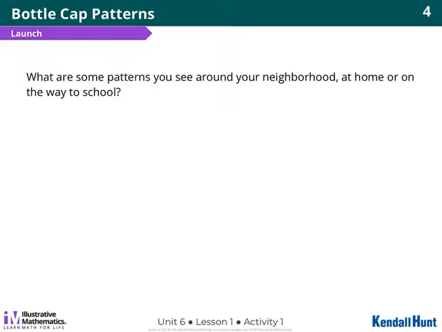So exciting. All right, what are some patterns you see around your neighborhood, at home, or on the way to school? What are some patterns? Miles? There's a black van sometimes at my house when I go to school and sometimes when I come home.